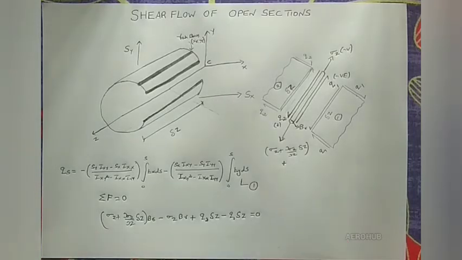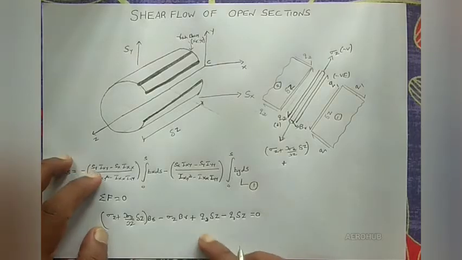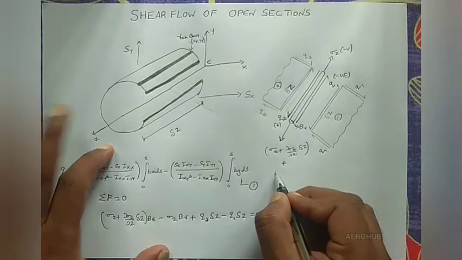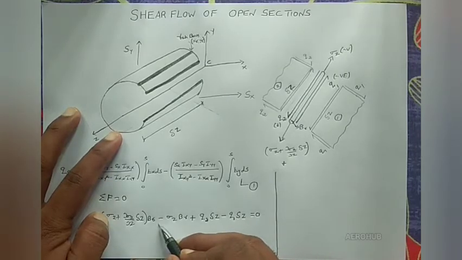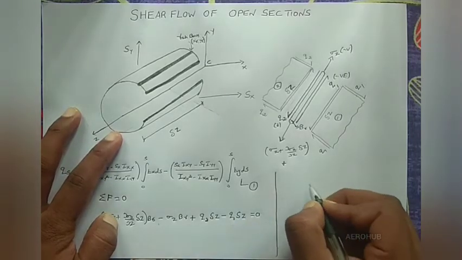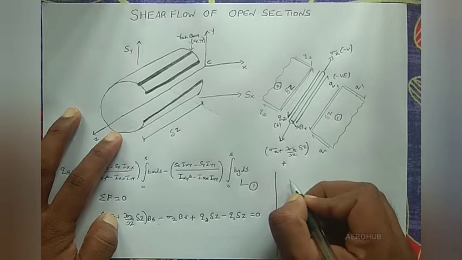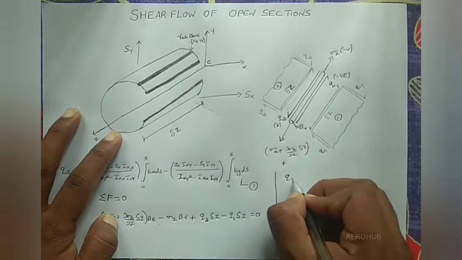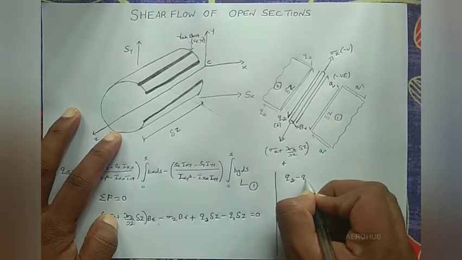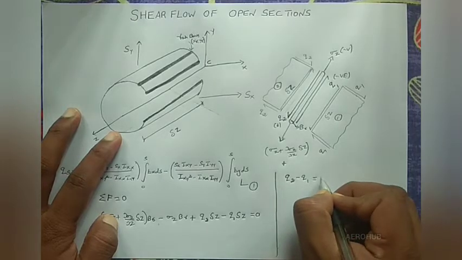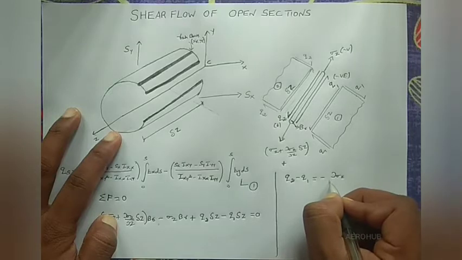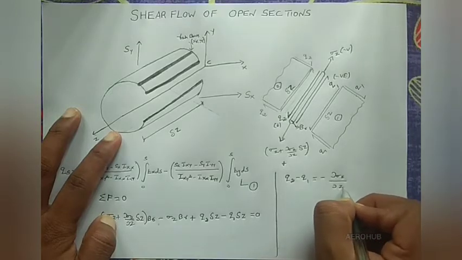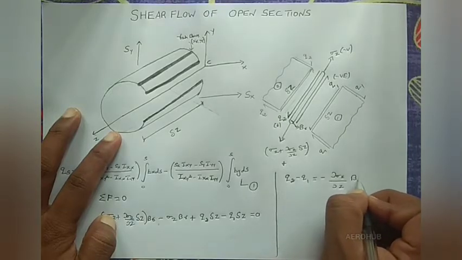Now, when you simplify this equation, I can cancel out sigma z into Br. So I will get Q2 minus Q1 equal to negative of dou sigma z by dou z into Br.